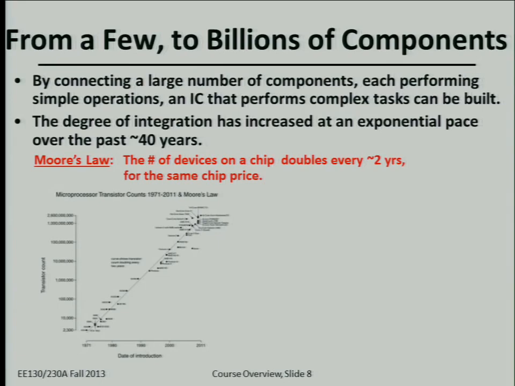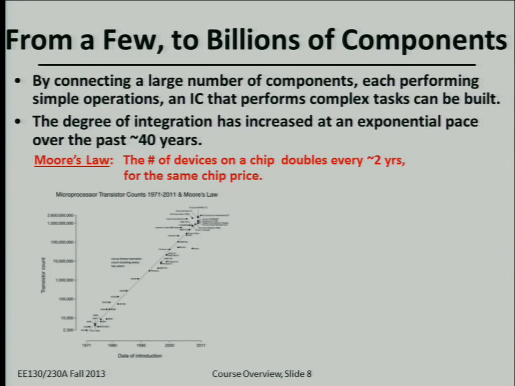So Moore's law today broadly refers to the rule that the number of transistors on an integrated circuit chip doubles every 2 years or so. And the cost of manufacturing a chip is about the same, doesn't change much.